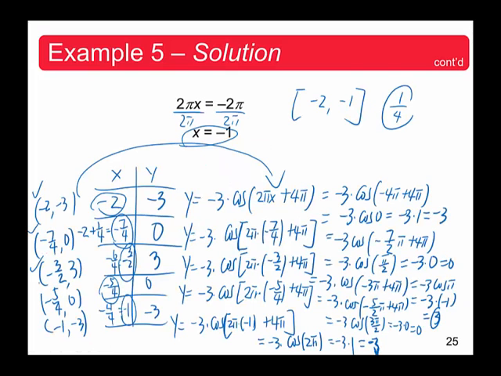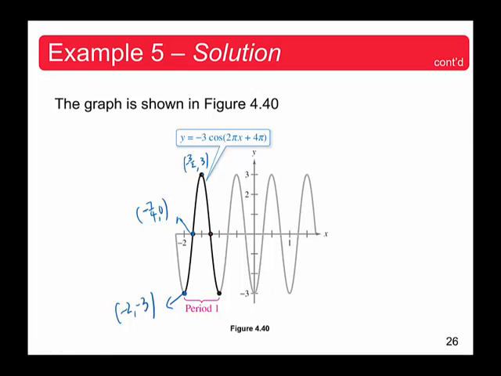Just sketch all those 5 ordered pairs and go back down to negative 5 over 4, which becomes 0, and the last ordered pair is negative 1 and becomes negative 3.